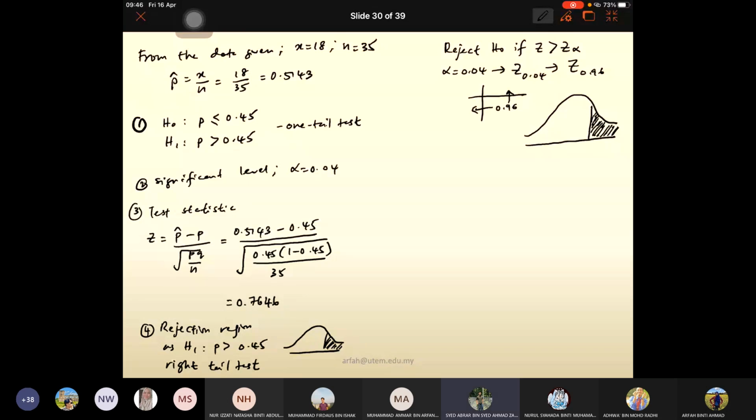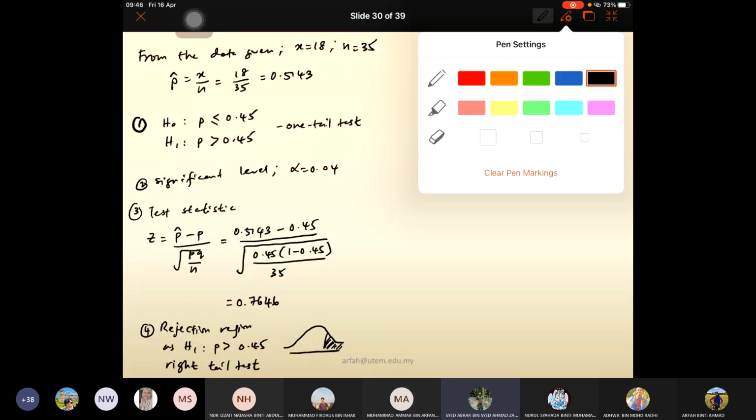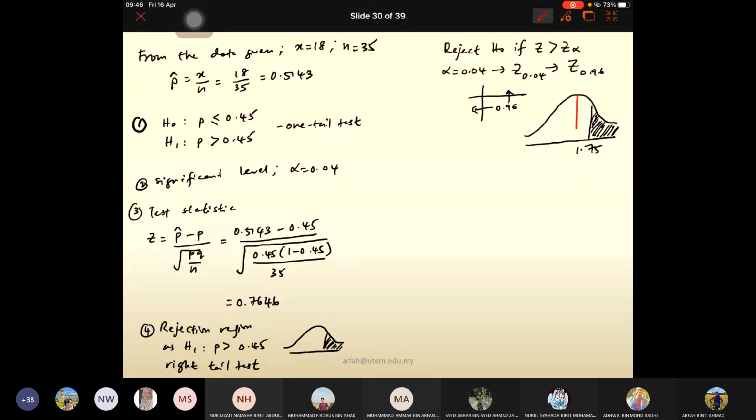Uh, 2.75. 1.75. Okay, betul jawapan Syed. 1.75 here. So reject atau accept H null? Accept. Okay. Betul lah accept. Sebab 0.76 tak masuk dalam that one. 0.76 is over there. 0.7646.